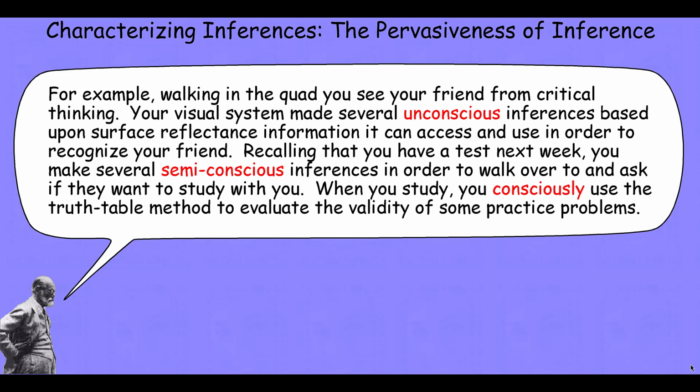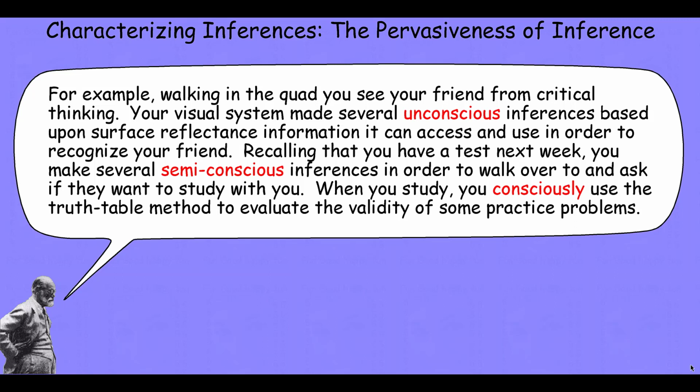Now, we can sort of think about our inference capacities as the tip of an iceberg. The conscious part of our inference capacities, the things that we do consciously, is just this small part of that iceberg that sticks up above the surface. Below the surface, there are all these inferences, all this information processing going on that never actually makes it into consciousness.